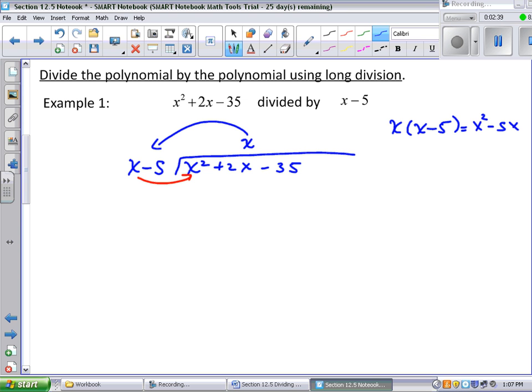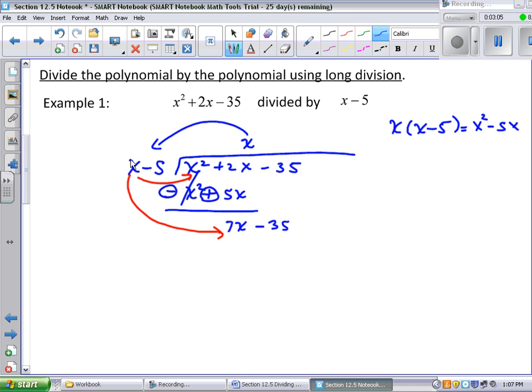X squared minus 5x. So I'll put that under here, x squared minus 5x. And then I'm going to draw the line and change the signs because I am subtracting. Now these will drop out as they should, and 2x plus 5x will give me 7x, and then I'm going to bring down the minus 35. So now I'm going to divide x times what makes 7x.